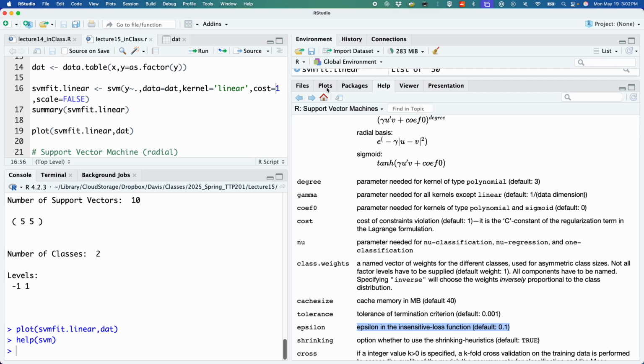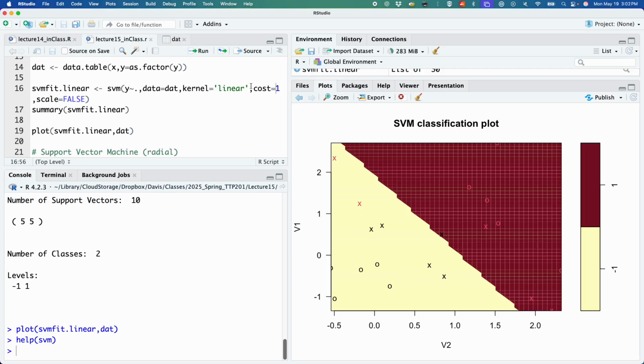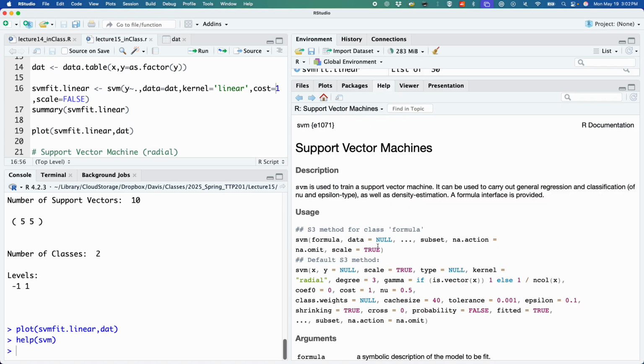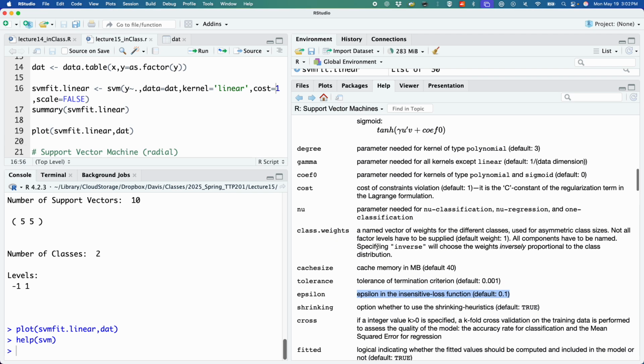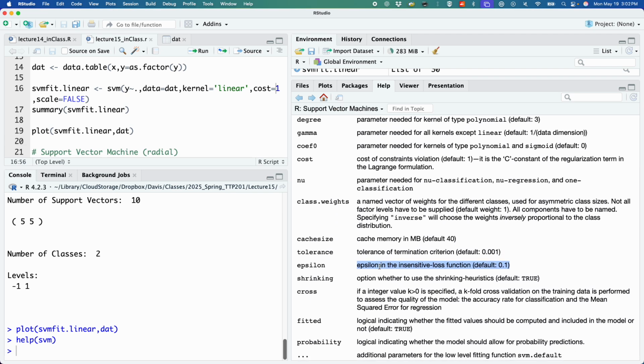So you're reducing the penalty for violation when you go from cost 10 to cost 1. I actually thought that the cost would be the budget that you're working with, but maybe I'm, okay, hang on. Do I have it backwards? Oh no. Cost of constraint violation.